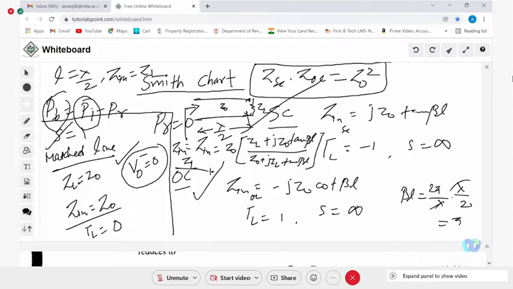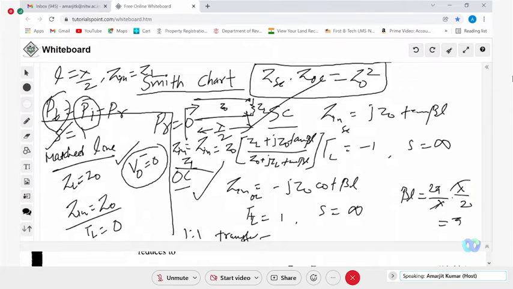So that means 1:1 transformation you can see. This ZL came here 1:1. There is no impedance transformation. That is the point. Okay, 1:1 transformation for the lambda by 2 length.